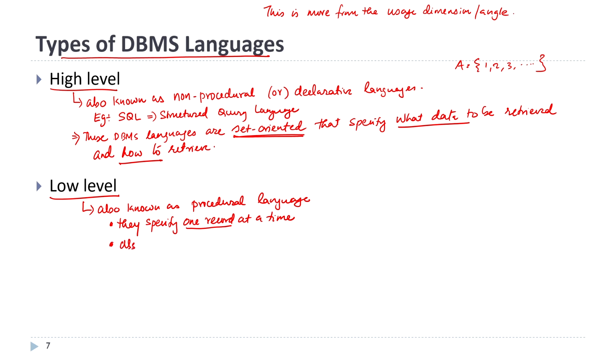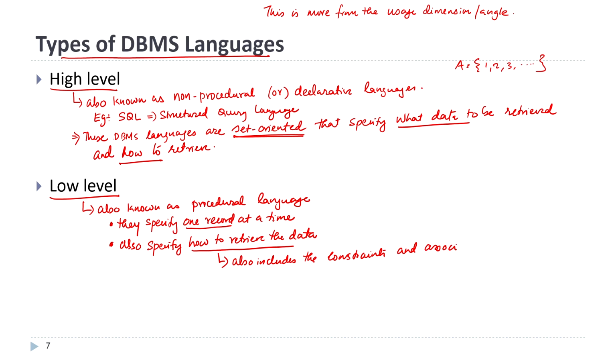They also specify how to retrieve the data. But this how is further, it also includes the constraints and associated loops.